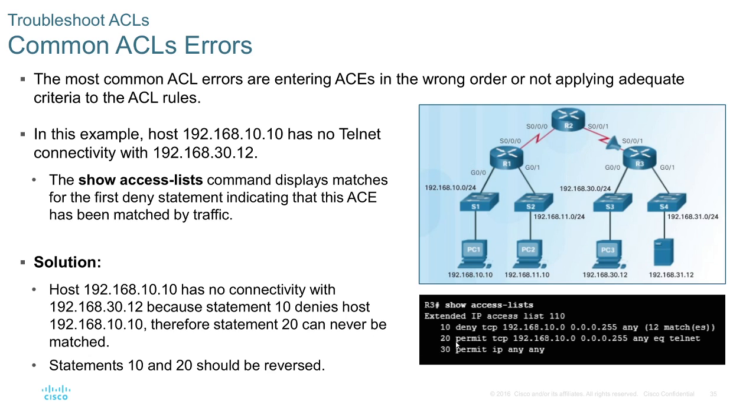So the solution would be to swap this around. We first have the permit for telnet, and then the deny for any. So telnet will be permitted and anything else will be denied. The order is very important, because the first match will be considered as the match. Even if you have a permit later on, that will not be considered if it matches with a deny first. So in this case, we swap the statements or reverse the order.